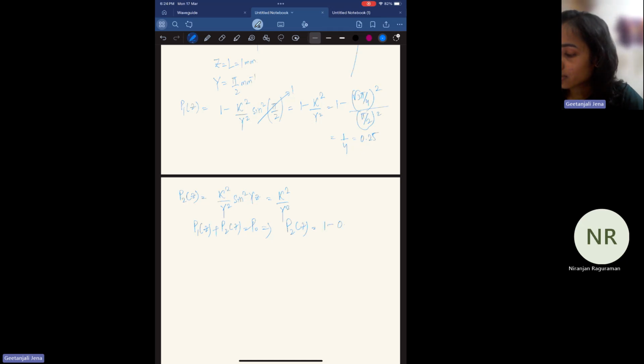P0 is 1 and this is 0.25, so this is 0.75. So 75% of the input power will be coupled to the second waveguide and 25% will remain in the first waveguide. Please be careful while calculating these powers, because the power coupled depends on the interaction length of the two waveguides of the directional coupler. So it is the coupling length: 75% couples to P2z and 25% remains in waveguide 1.